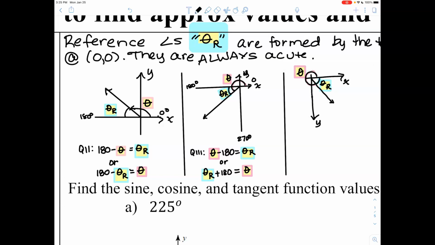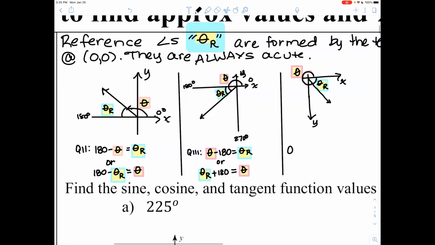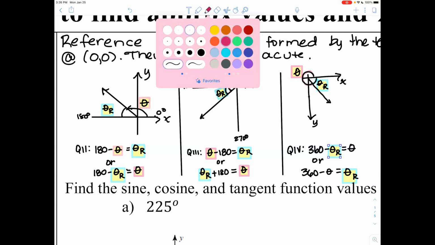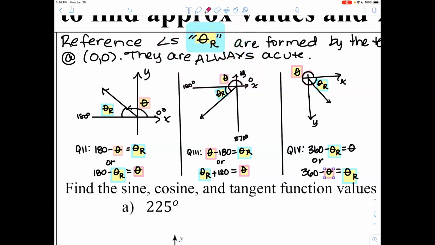Okay. All right. So in quadrant 4, 360 degrees minus theta reference will give you theta, or 360 minus theta will give you theta reference. Again, a lot of times, just when you're working with problems that require this knowledge, if you draw the picture, it's usually pretty easy to figure it out on your own.